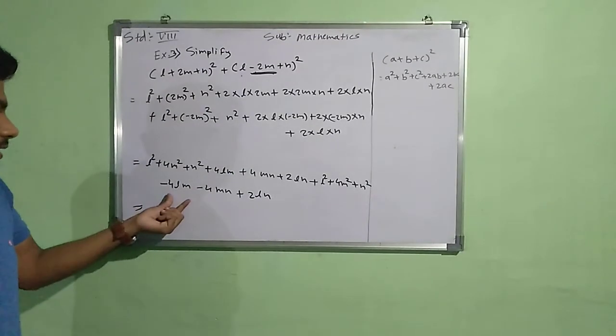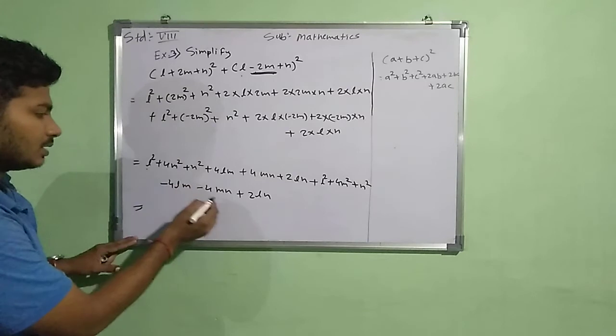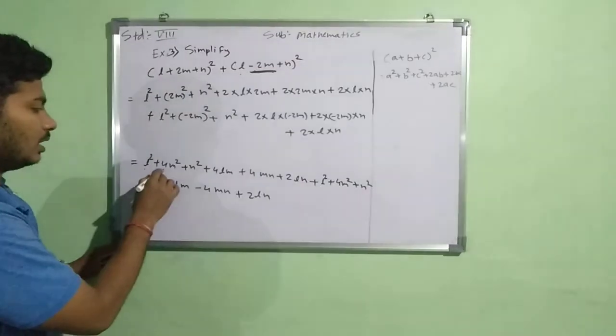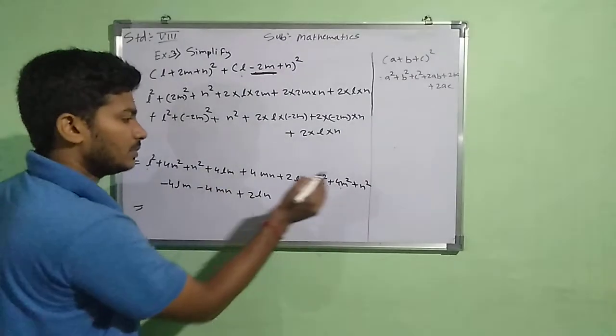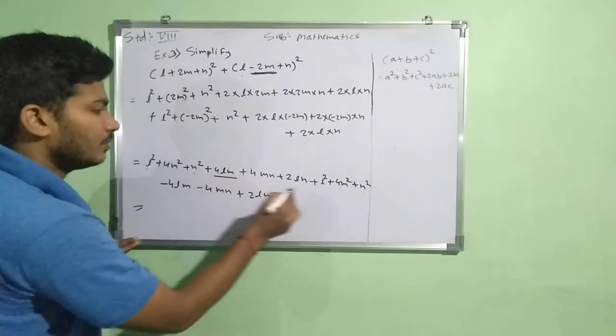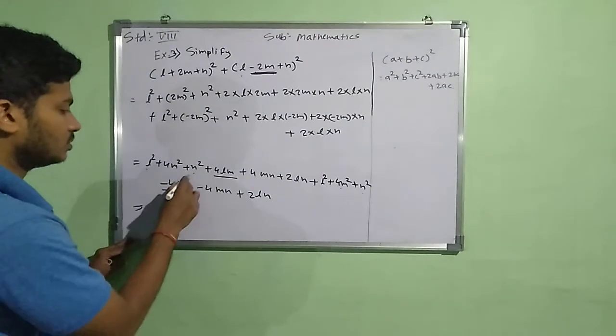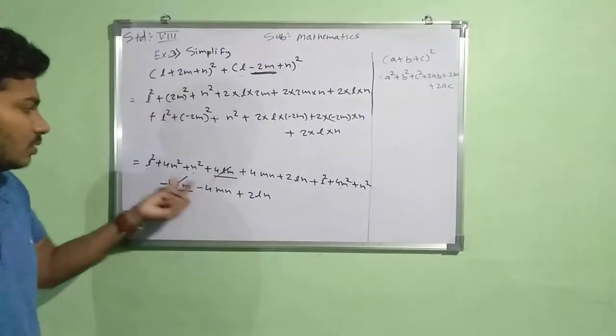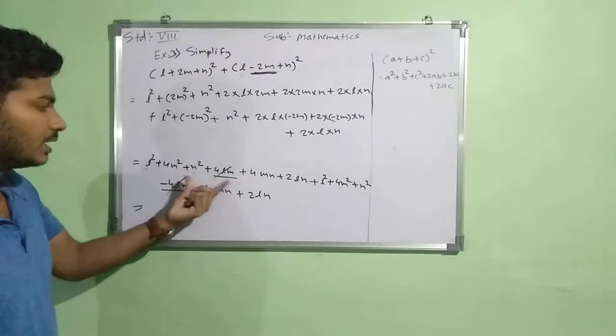So if you carefully look at those terms, l square is repeating, 4m square is repeating, n square we have, 4lm and we have minus 4lm. The same thing with opposite sign on the same side of the equal to sign we can cancel.